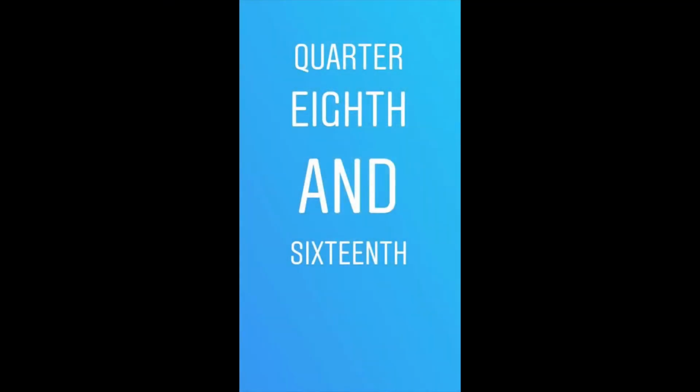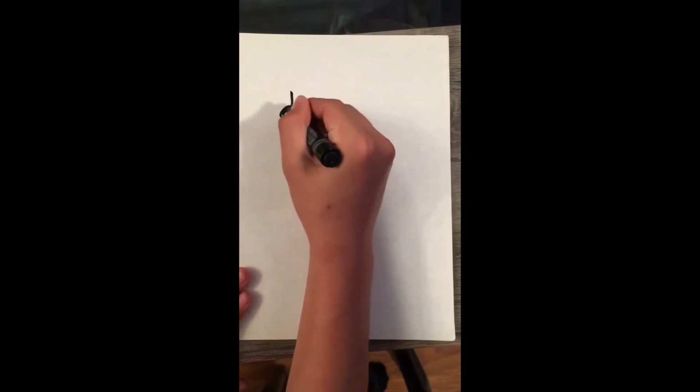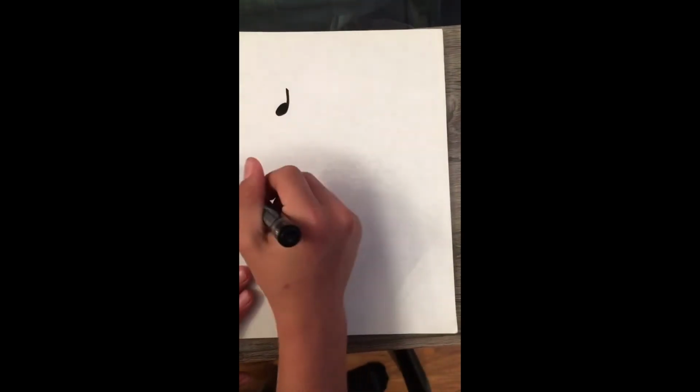Next up, we're going to show you how to find how many beats quarter notes, eighth notes, and 16th notes are. Here we go. This is a quarter note. It is worth 1 beat.